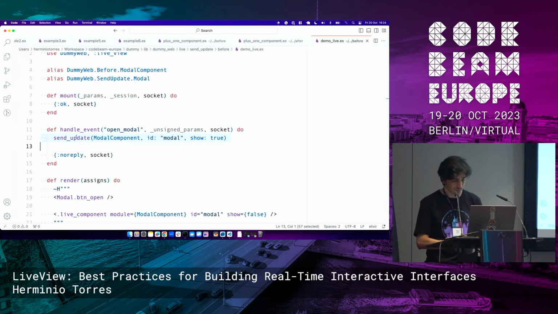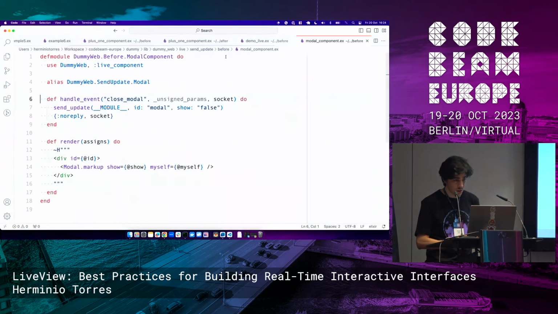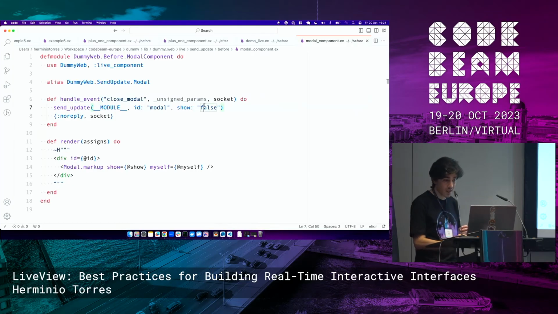And for closing, I keep it inside of the component, but instead I just force it to receive a false inside of a string. So this is why I break my component, and this is why it's not closing.